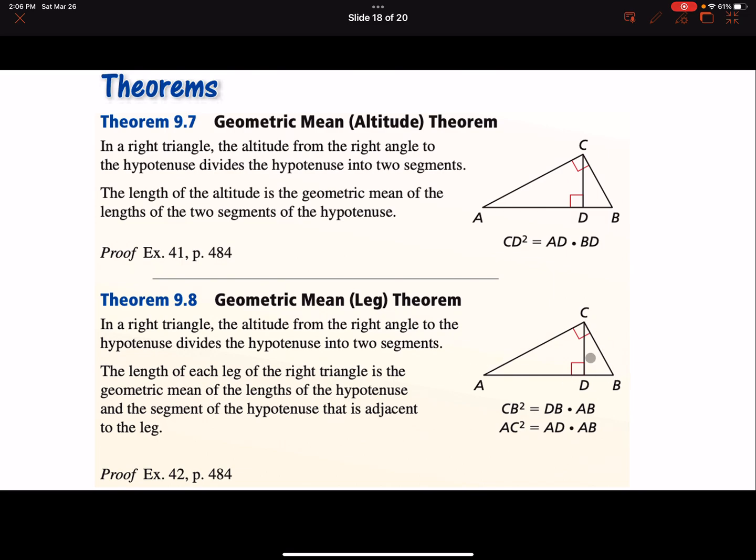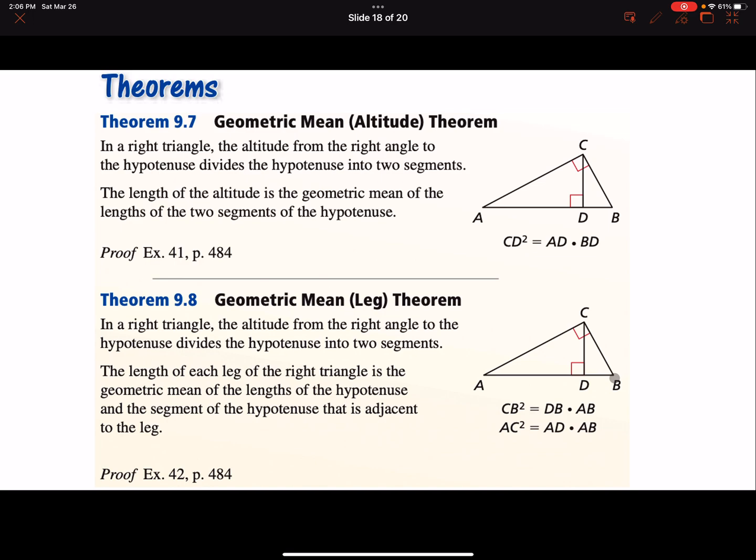If I want to find these two legs, then what I'm going to do is take this hypotenuse. Notice how it's broken down into segments, AD and DB, but the whole hypotenuse is AB.